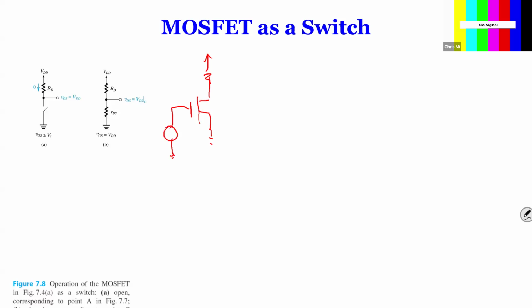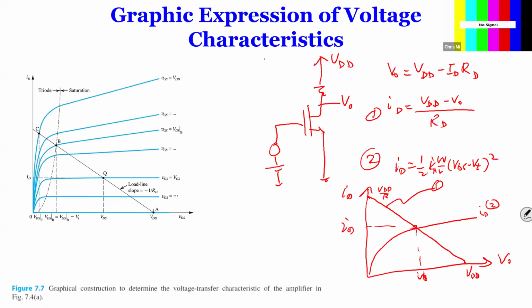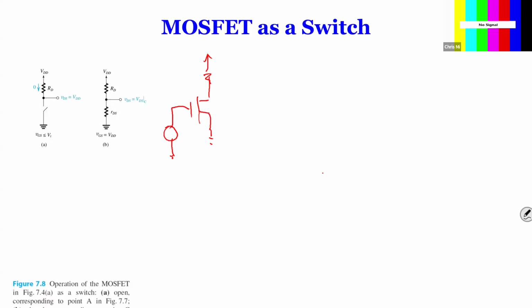So if your VGS... oops, what happened? Okay, so my VO is going to depend on the VGS signal. It really depends on the difference between VGS and VT.